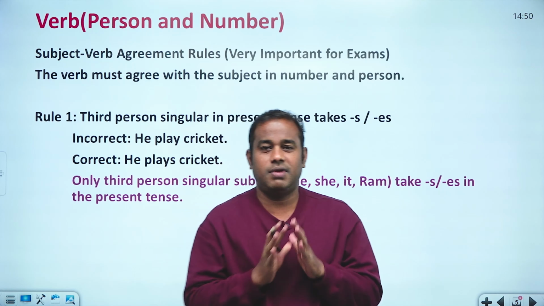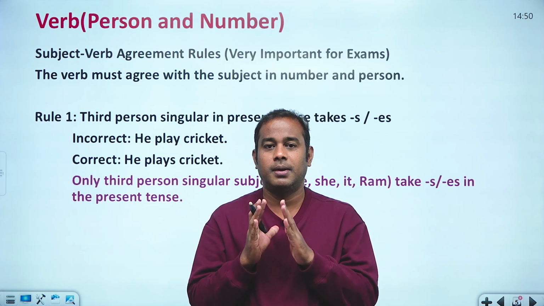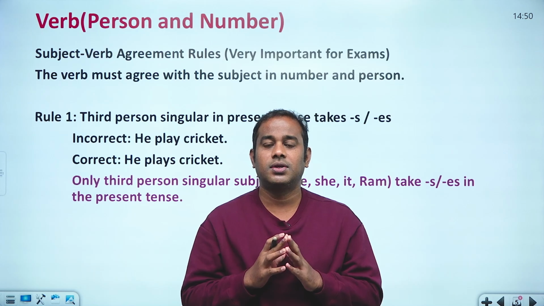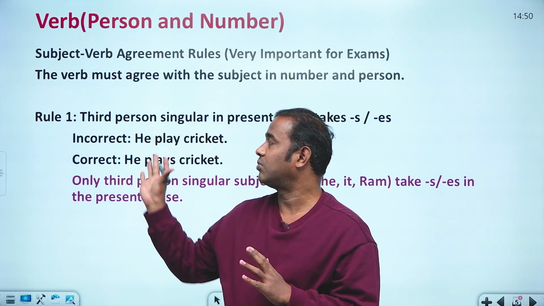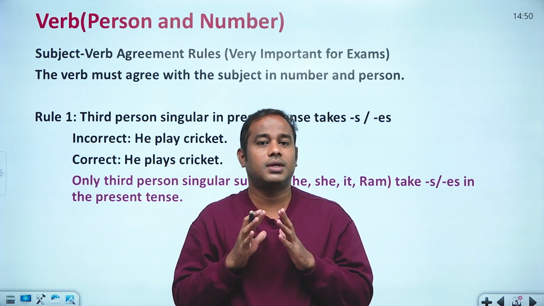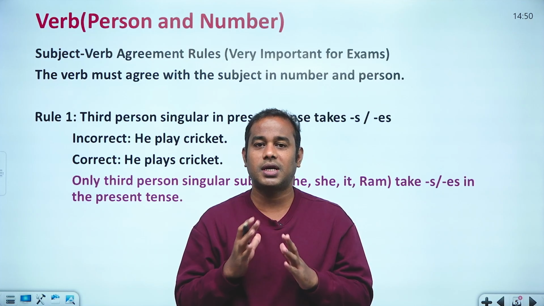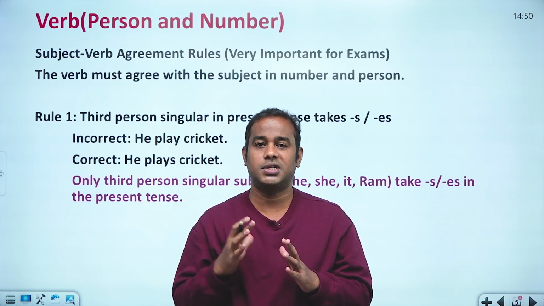Now, why are we very specific about the verb for a person and in number? Why is that? Because most of the grammatical mistakes you can generally observe here. There are some rules and regulations. Grammatical rules and regulations generally change or have a certain description only for this verb when you are using it in person and in number.